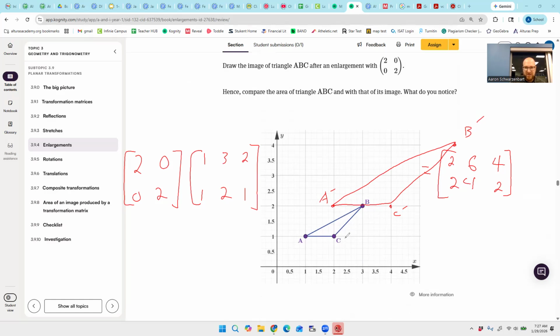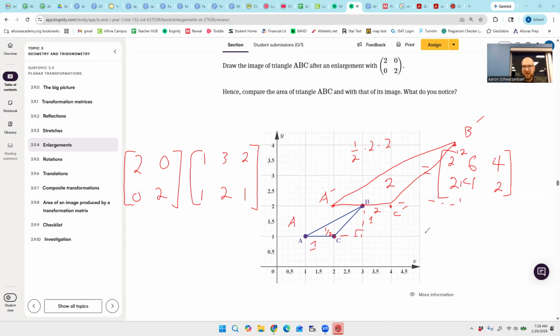But something to note, area-wise, area of the triangle, base of 1, height of 1, 1/2 base times height leaves us at 1/2. Over here now, 1/2 base times height leaves us at 1/2 times 2 times 2 leaves us at 2.